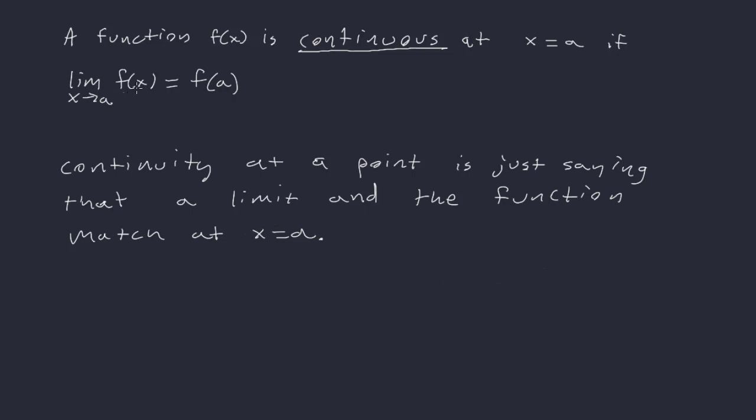All right, so basically continuous at a point is just saying that the limit and the function match at x equals a. That's what continuity tells us. It's basically a property of the function value and the limit aligning with one another.